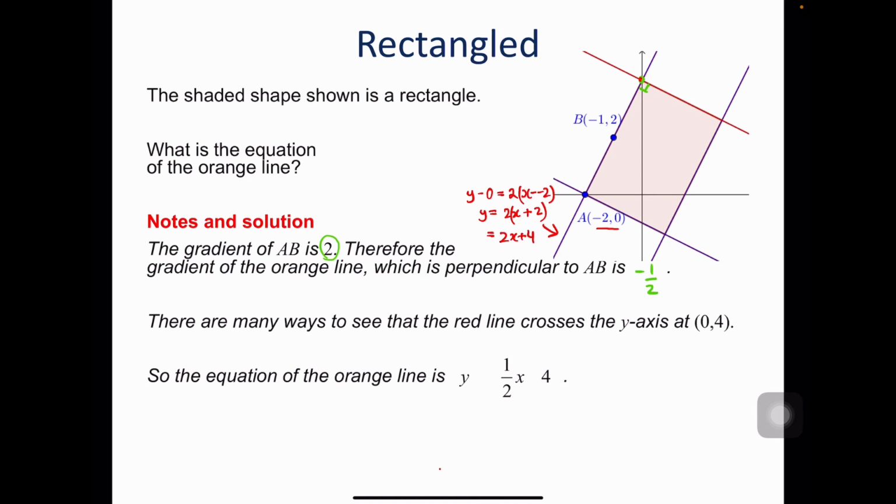So now I know that this point here is 0, 4. And I know the y-intercept of the orange line. So now the orange line has an equation of y equals negative half x plus 4, because it's clear to see that the y-intercept is 4.